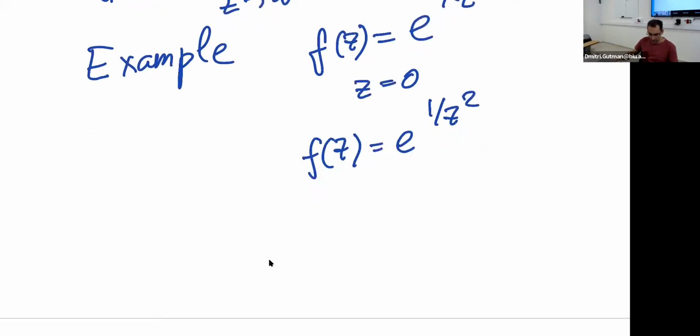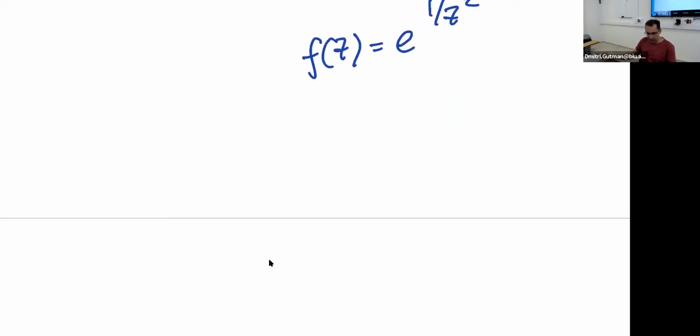Now let's try to connect this classification with the materials that we studied previously.